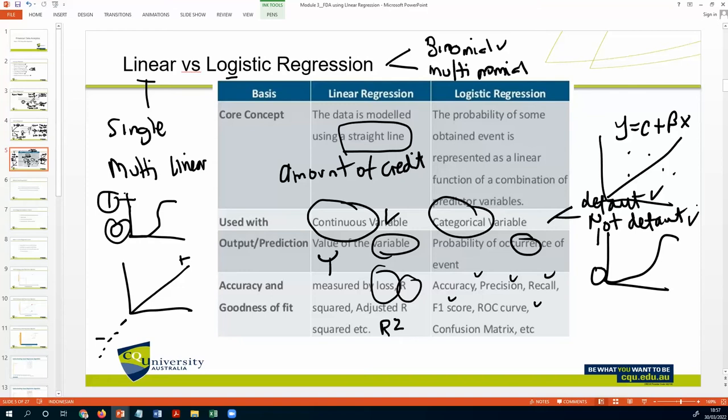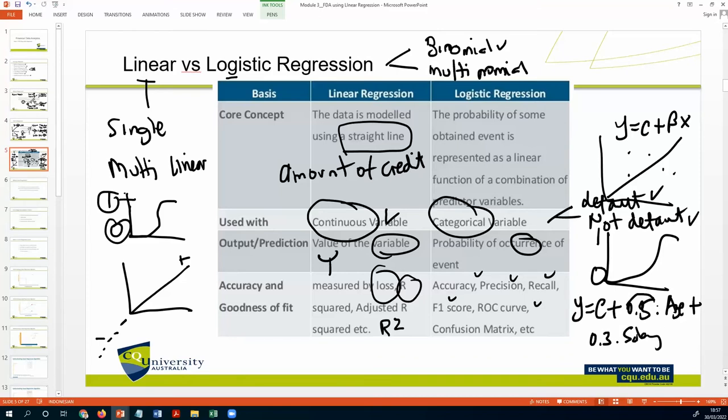So let's say the model is y equals constant plus 0.5 times age plus 0.3 times salary.